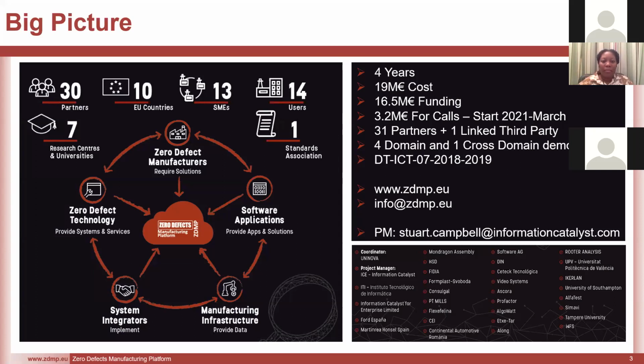Another interesting feature is that DIN, which I'm sure all of you know as the German standards body, is also part of our consortium. The funding we've got is 16 million, which is quite large. The actual call said you can give away up to 20% for sub-projects, and obviously that's what we're talking about today.